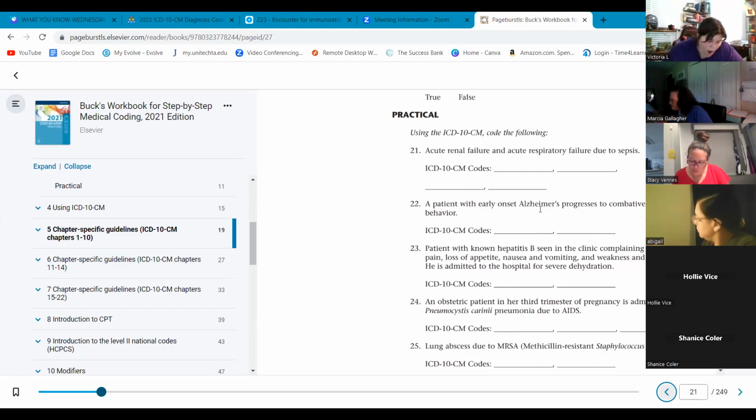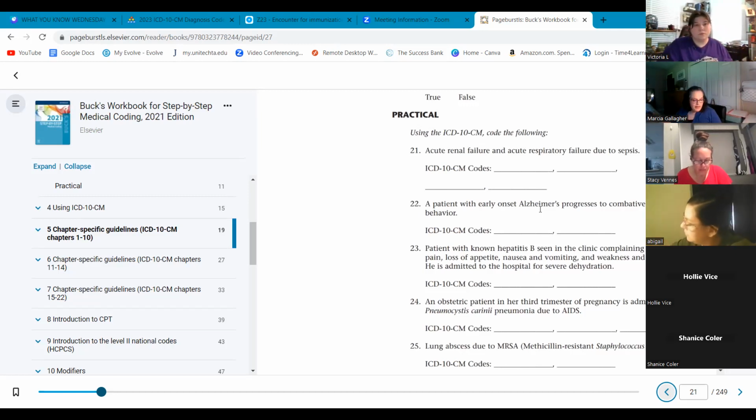Page 807. Do you guys agree with G30.0 as our Alzheimer's code for early onset? Yes, ma'am. Okay, so we still have to deal with our combative behavior, right?